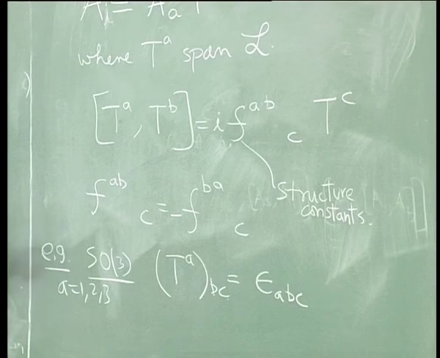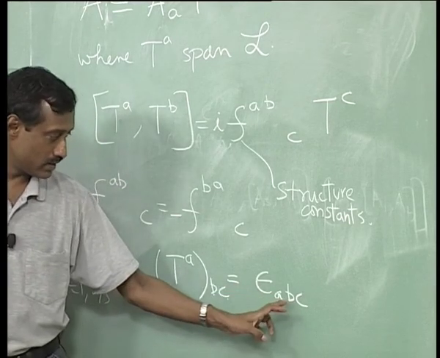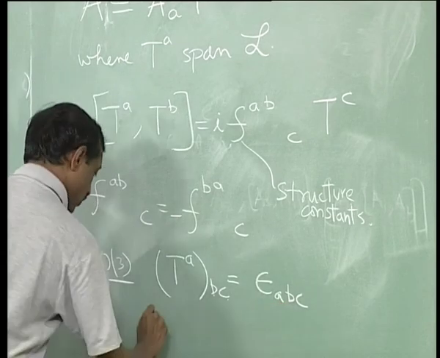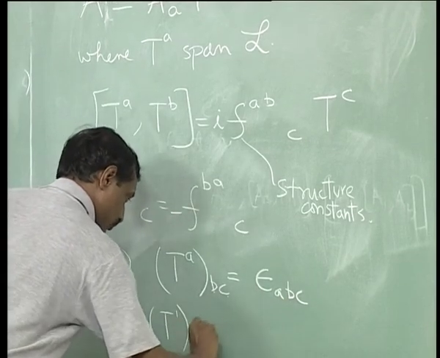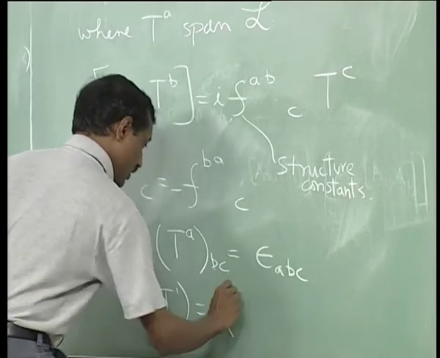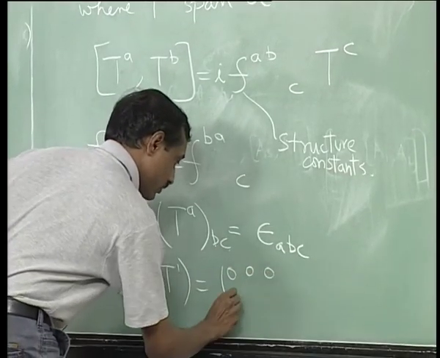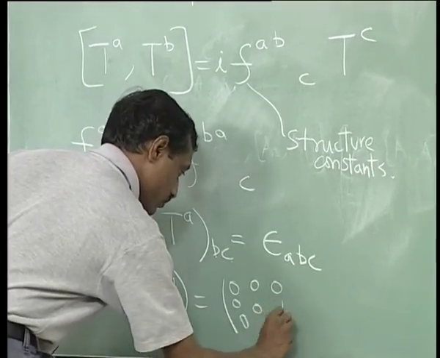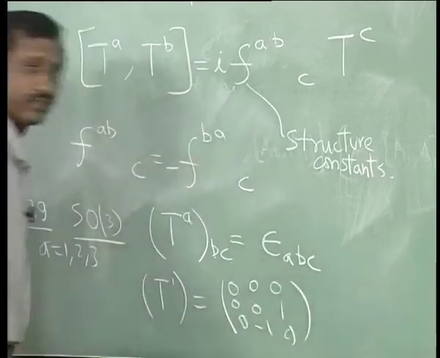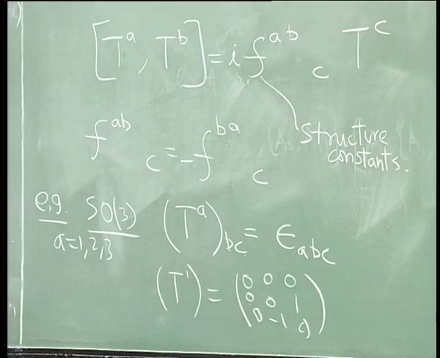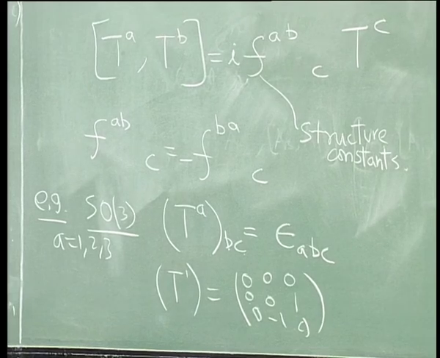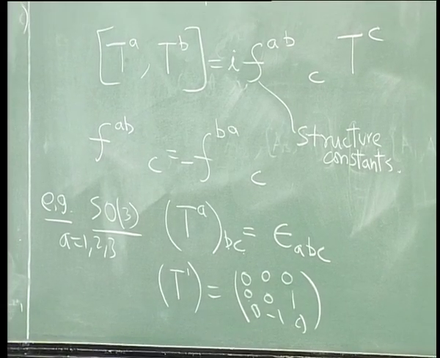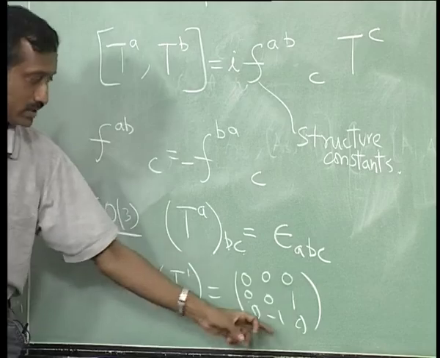Okay. So, let us look at what T1 is. T1 will have zeros in the 1 row and column. It is an antisymmetric matrix, so it has only these elements.